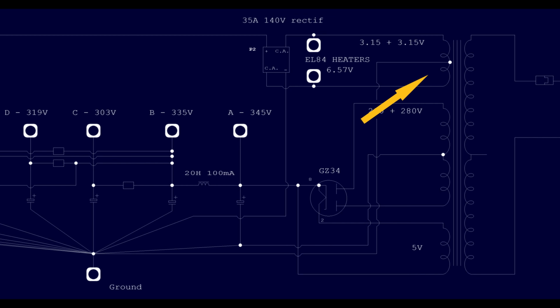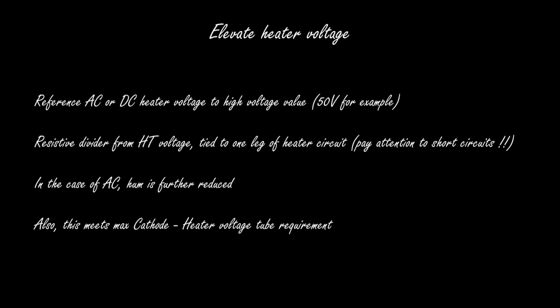Or better, in case of AC heater, we can reference this virtual ground to a value, for example, 50 volts. In this way, we elevate the heater voltage with respect to the cathode voltage, and this is very important in order to, again, reduce the hum picked up by the tube.